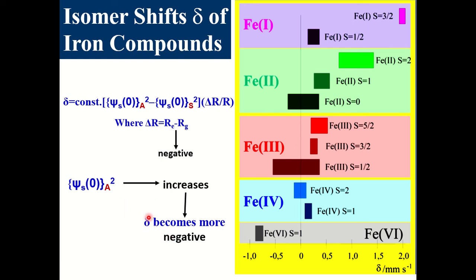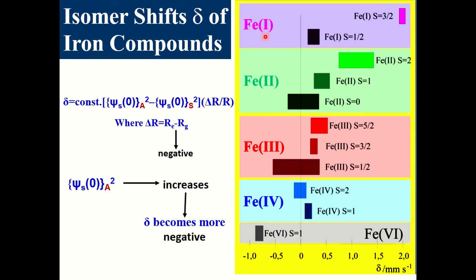Considering these points, in the case of Fe1+, you have a d7 configuration, and so the shielding is maximum. So the greatest decrease in the electron density is achieved in the case of Fe1+ because of the maximum number of d electrons.